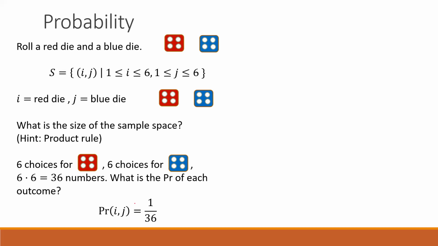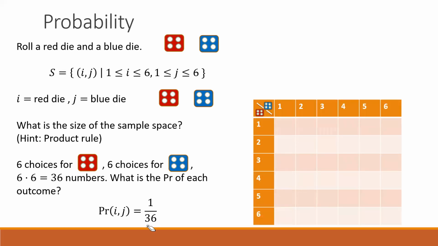Each of these outcomes has an equal probability of occurring. So that means each of them has a probability of 1/36. Right. So if I made a table of my red die and blue die, I could list, so this is 1, 1, this is 1, 2, etc. Of course, if I roll 2 dice, one of the exercises I like to do is sum them up, right?